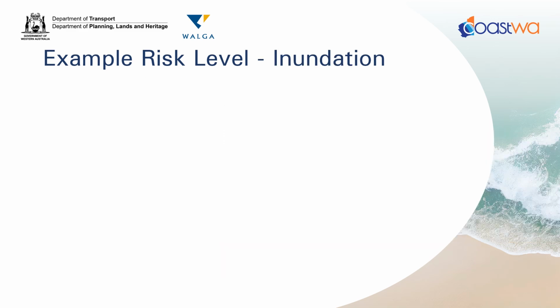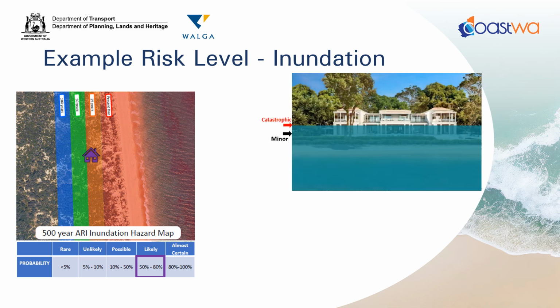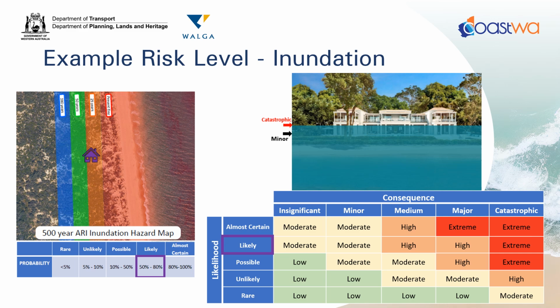For our example around inundation, we had a likely ranking for likelihood. We had two different consequence scales. We had minor for the low level inundation and catastrophic for the high level inundation. So if we look at likely and minor, we end up with a moderate risk rating. But if we look at likely and catastrophic, we end up with an extreme risk rating.